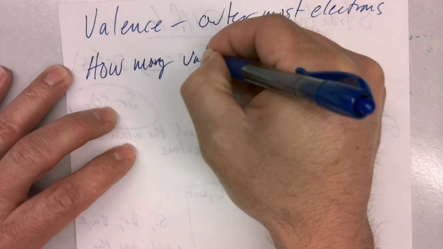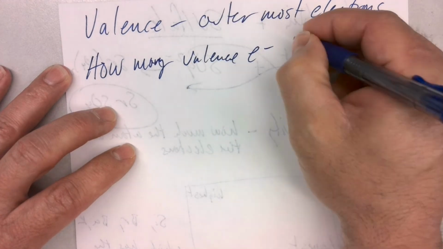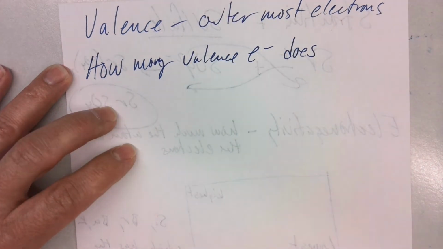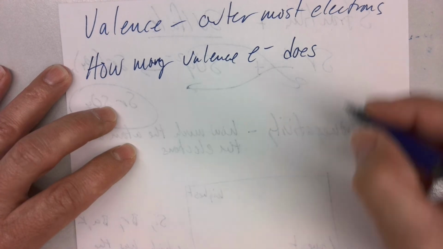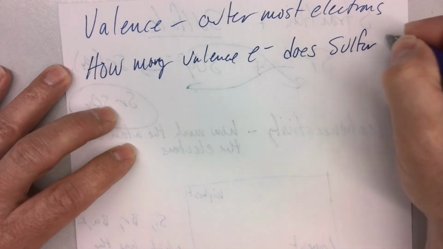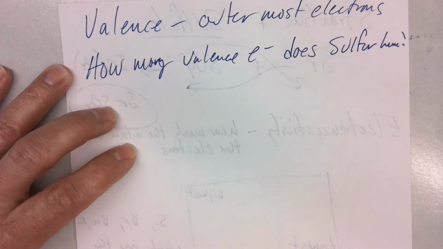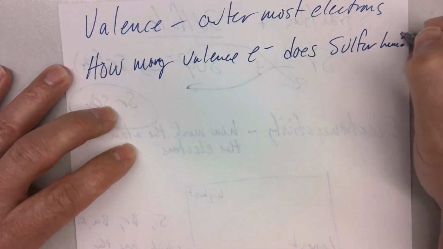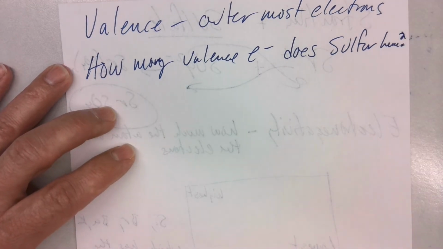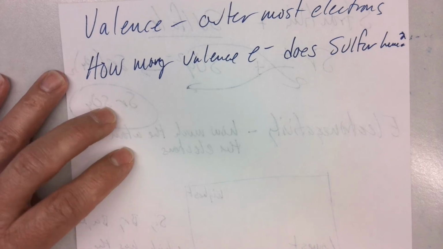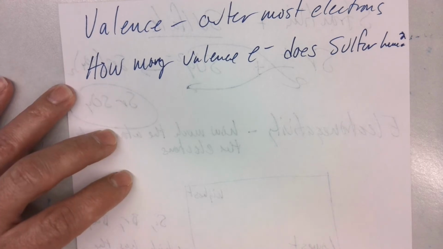How many valence electrons does sulfur have? Anybody remember how we figured that out? The column number on the periodic table. Yeah, the group it's in, right? Well, what group is sulfur in?